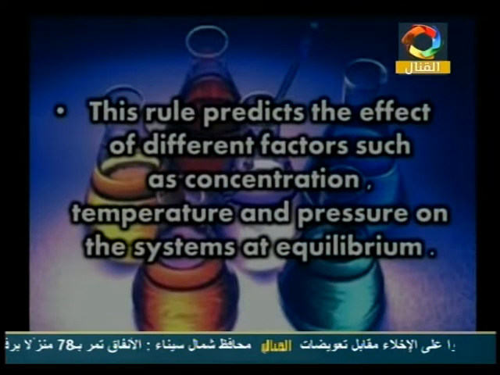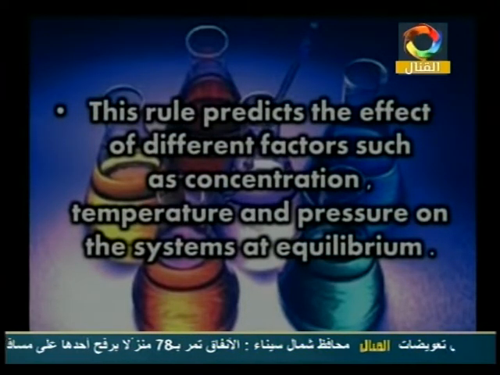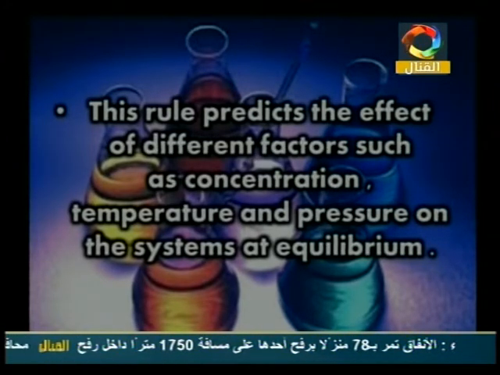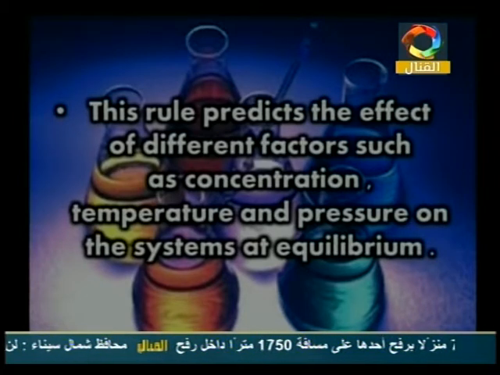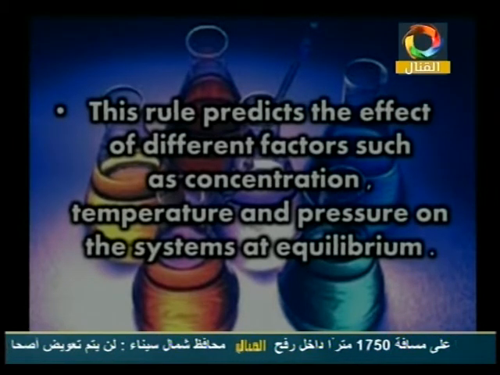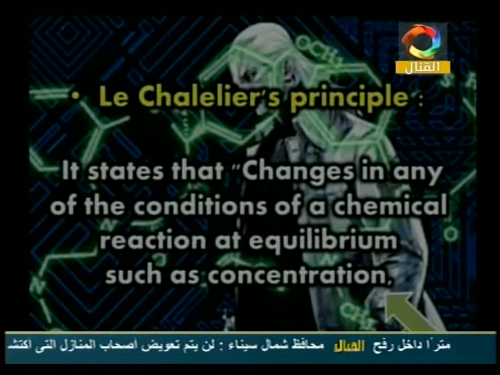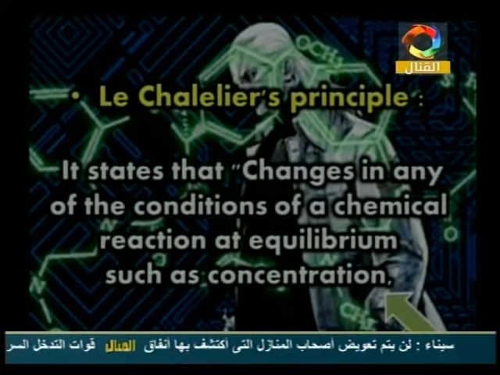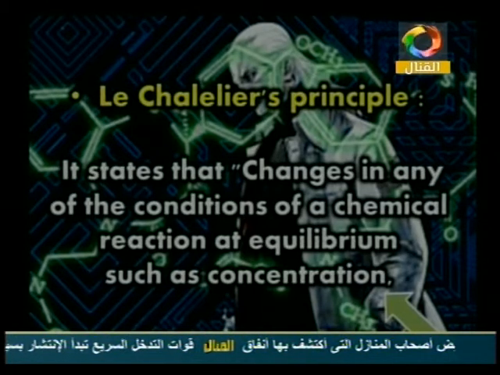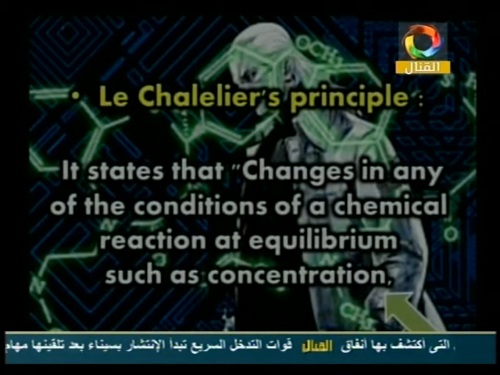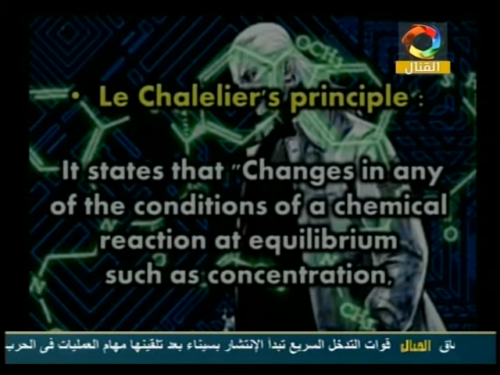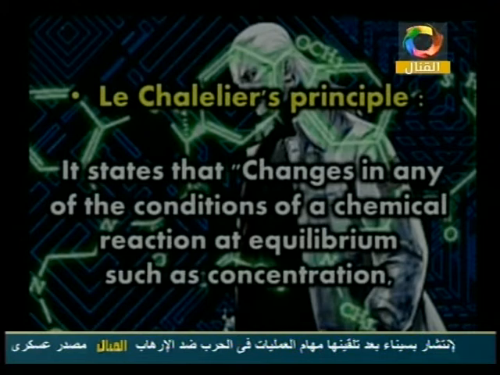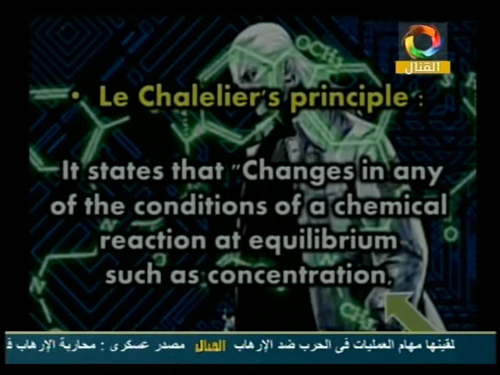Now, this rule predicts the effect of different factors such as concentration, temperature, and pressure on the system at equilibrium. My lovely students, Le Chatelier stated that the change in any of the conditions of a chemical reaction at equilibrium, such as concentration, a change in concentration only?